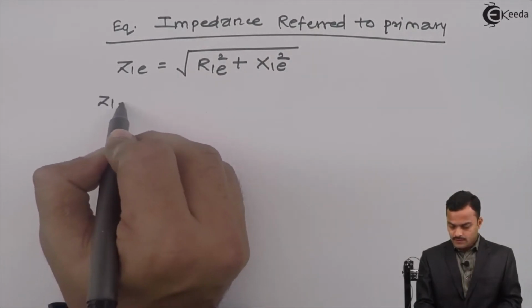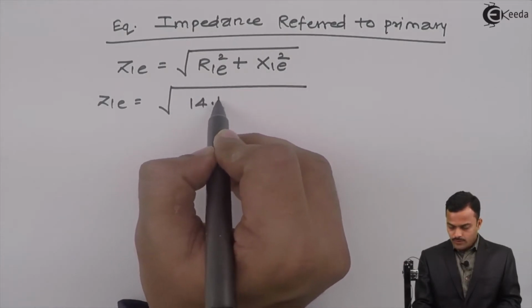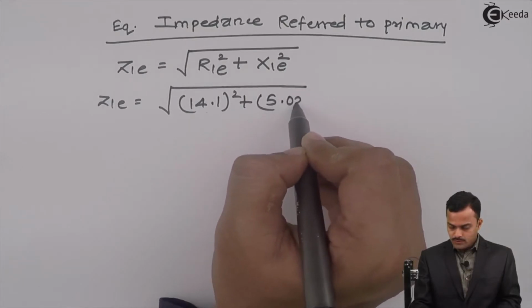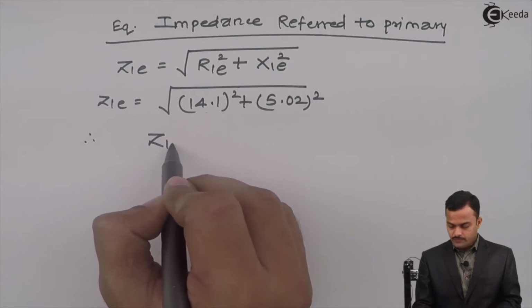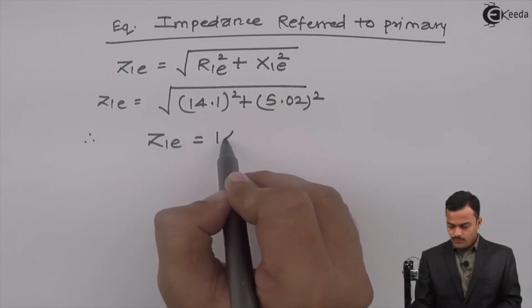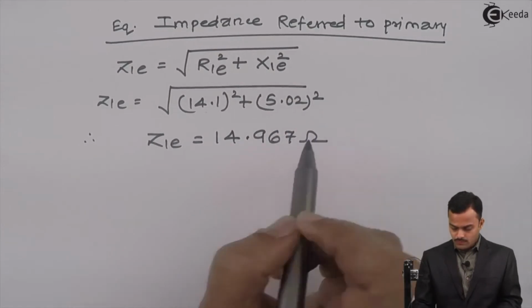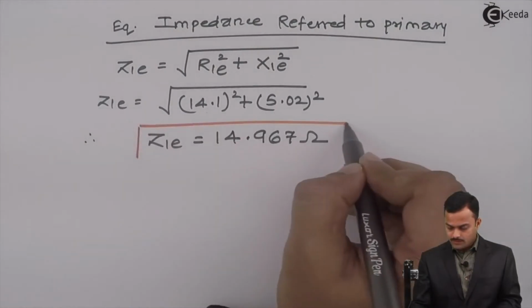So Z1E equal to root of 14.1 square plus 5.02 square. Solution to this equation will give you Z1E equal to 14.967 ohm, equivalent impedance referred to primary.